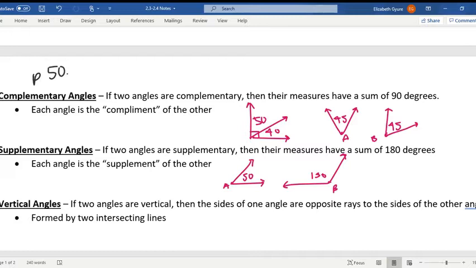You could also have a linear pair. We defined linear pair in 1.5, in the 1.5 notes. That's when you have a pair of angles where their non-common sides form opposite rays. So it would look something like this, okay? So you have your opposite rays at the bottom here.